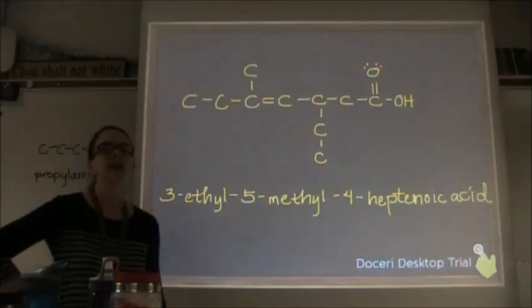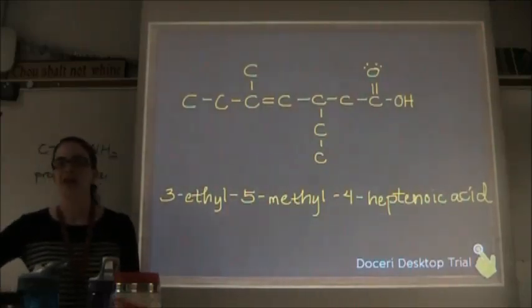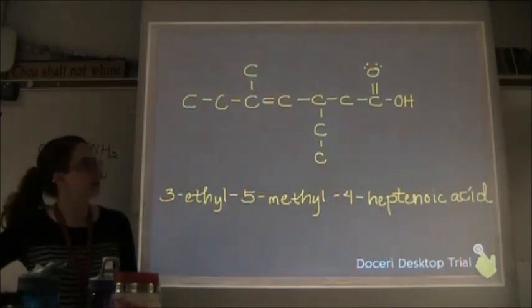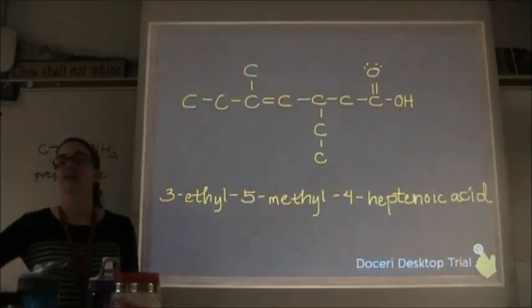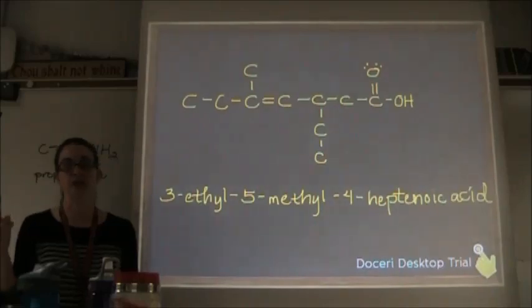Okay, let's talk it out. Are we all okay with the fact that it is a carboxylic acid? Okay. What is the most important thing to be on a low number carbon? A multiple bond, a substituent, or a functional group? A functional group.